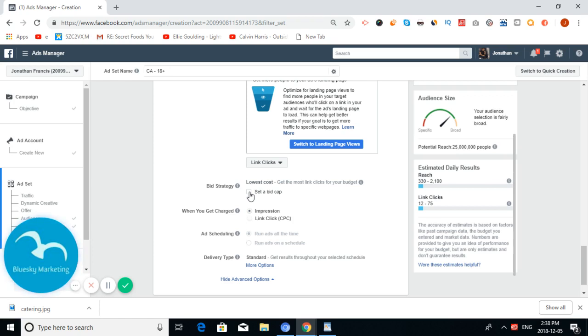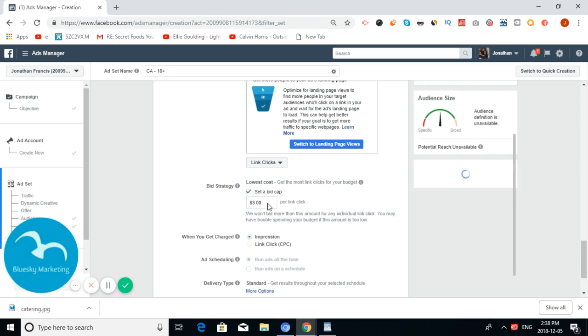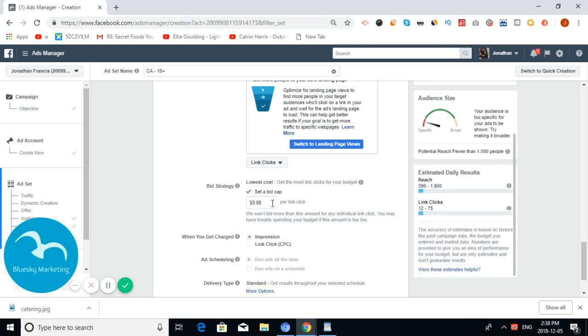The standard norm is under $1, under 70 to 80 cents per website click, and you're considered doing good. I've made ads as cheap as 10 cents per click, 5 cents per click, but you could really get creative in this. All you do is click set bid cap, and then it asks you how much per click you are willing to spend.